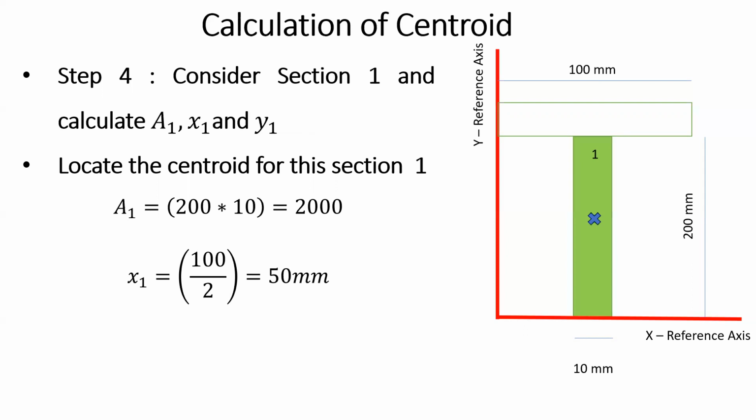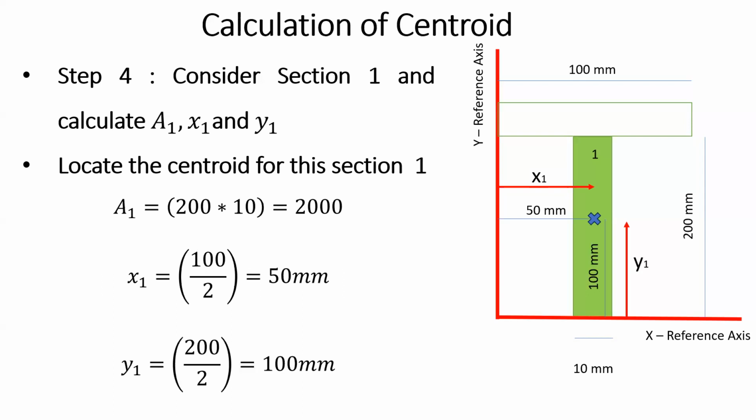The X1 bar is nothing but the distance of the centroid of section 1 from the Y reference axis, which is indicated as 100 by 2, which is 50 mm. Similarly, y1 will be the distance of the centroid from our x reference axis, which is 200 mm divided by 2. Usually the centroid of a rectangular cross section will lie at the midpoint of the corresponding dimension. So now we have A1 as 2000, x1 as 50 mm, and y1 as 100 mm.